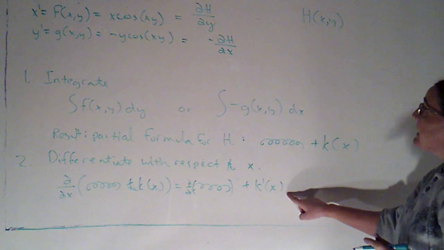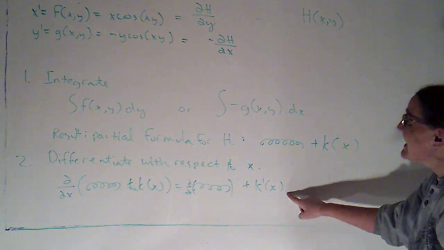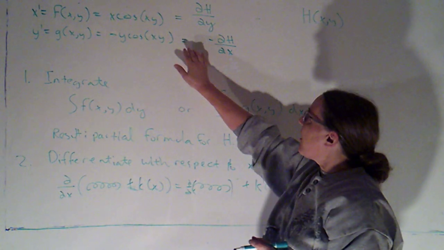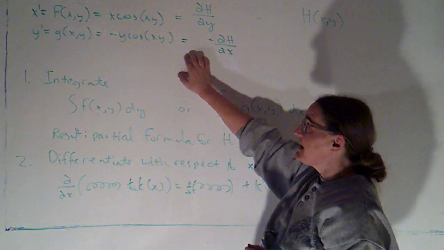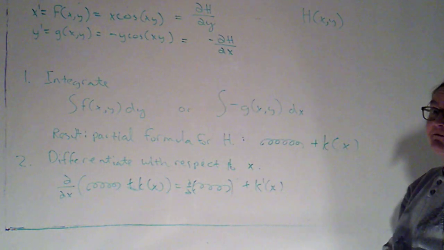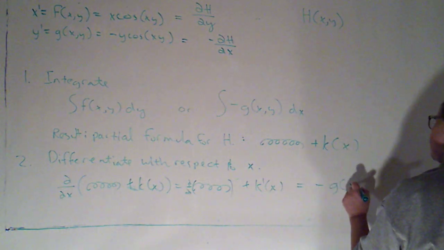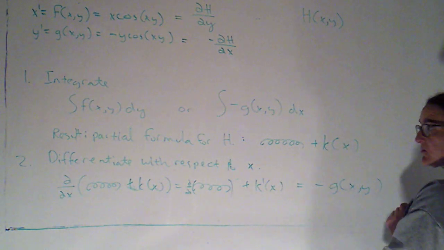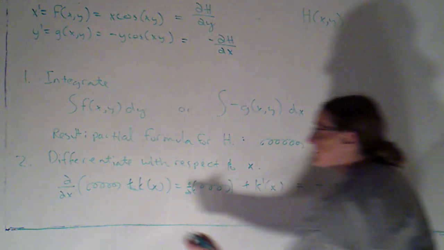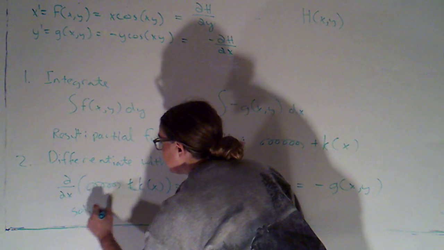But I can set that equal to the opposite of g of x, y, because that's also going to give me a formula for this. So if I set this equal to the opposite of g of x, y, then I'll be able to solve for k prime of x.